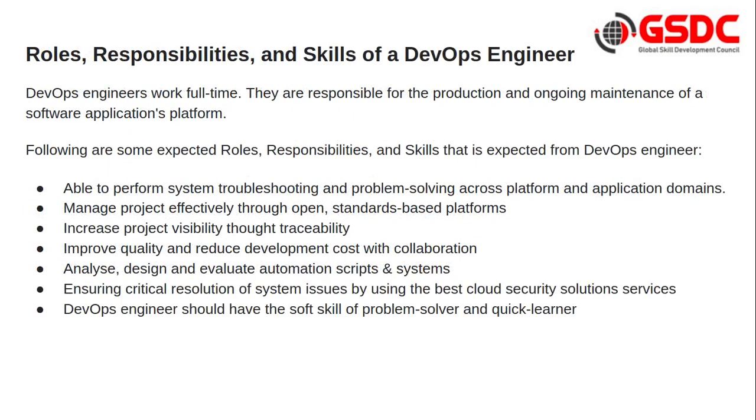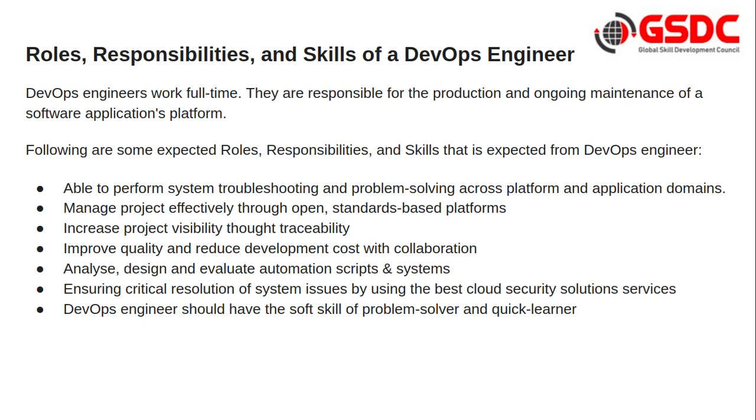Then, let's see what roles a DevOps engineer can do. A DevOps engineer should have soft skills. Why are soft skills required? Because he has to interact with all the stakeholders in this process, like developer, tester and operations teams, so that they can provide feedback and inputs to all these teams, right?